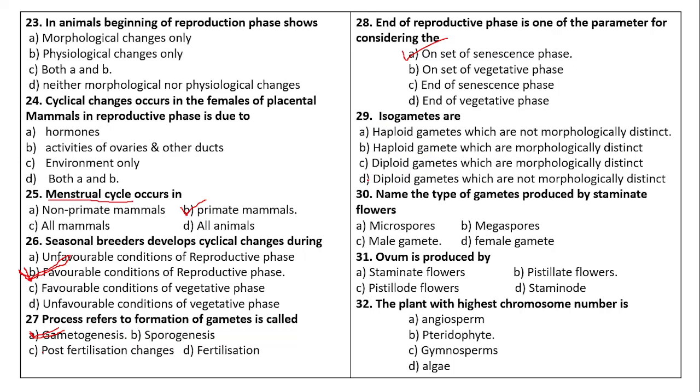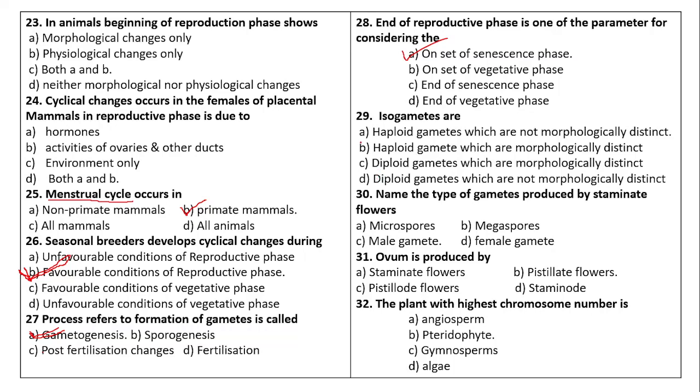Here, first of all, you know that gametes will always be haploid, or most commonly gametes will be haploid in nature. So option C and option D can be deleted immediately, because they give diploid gametes.